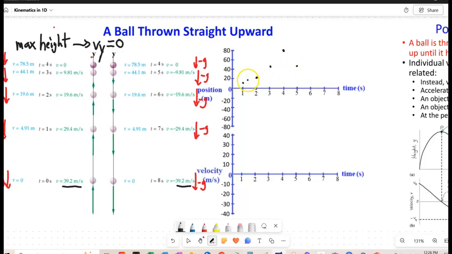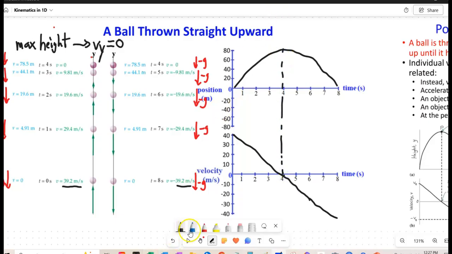So let me plot this a different way. So starting from here, it's going to go up, reach its maximum height, and then fall back down. Okay. Over here, you've given it 40 meters per second velocity, and when it reaches its maximum height, it's now got a velocity of 0.